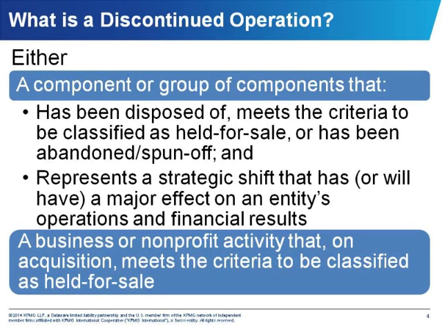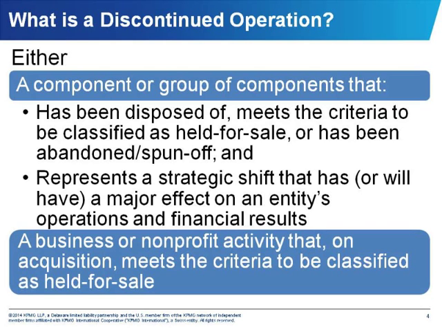So Daniel, let's go ahead and get into the details. Can we just talk about what the new definition is? The new definition, you could meet it in two ways. First, if you're a component of an entity or a group of components that meets certain criteria. Specifically, if you've been disposed of, meets the criteria to be held for sale, or has been abandoned, or more importantly, and where more judgment is involved, if it represents a strategic shift that has or will have a major effect on operations.